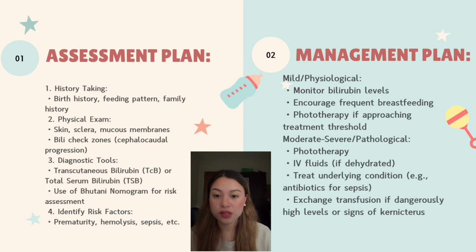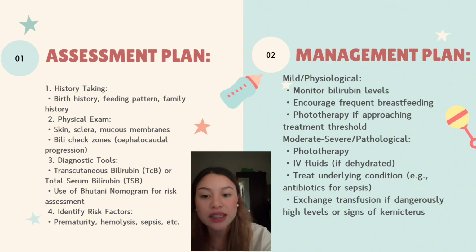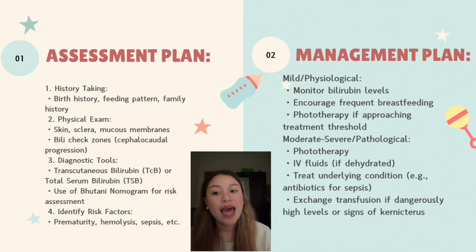Third is the diagnostic tools. This is the transcutaneous bilirubin or TcB, or total serum bilirubin or TSB, and the use of the Bhutani nomogram for risk assessment. And lastly, you have to identify the risk factors, such as prematurity, hemolysis, sepsis, and so on.